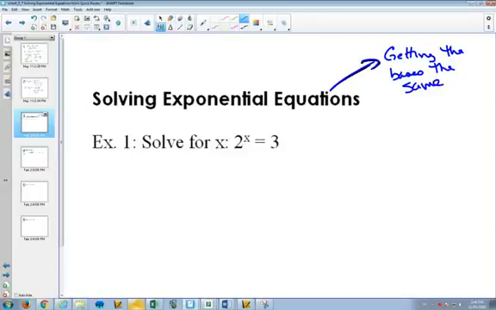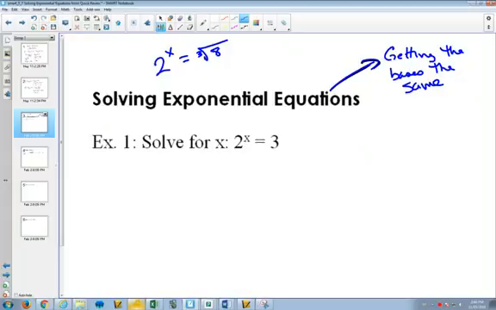And we used all of our exponent laws, and we solved ones like 2 to the x equals the square root or the cube root of 8 and stuff like that. And then you had to use your exponent rules and get everything to be the same base, and then you could figure out the exponents that way. But there's going to be some cases where you can't get them to be the same base because they're not on your powers chart in the same column.